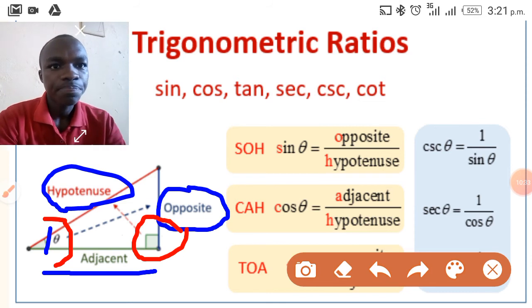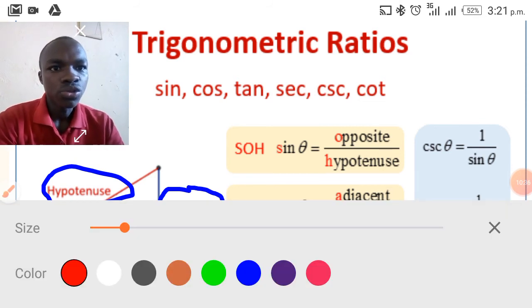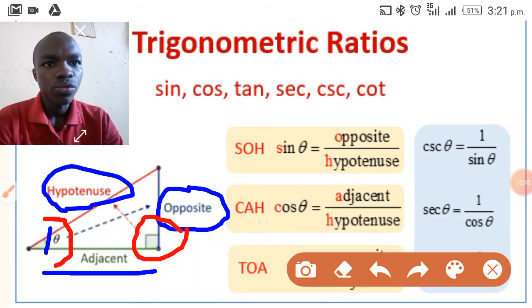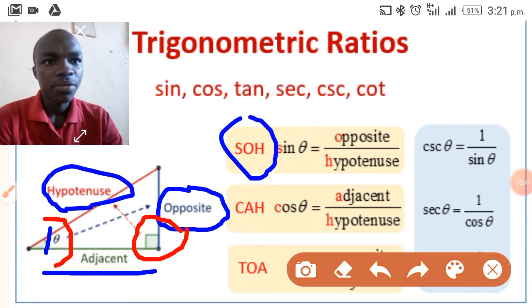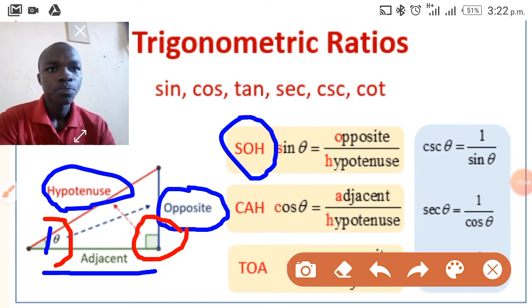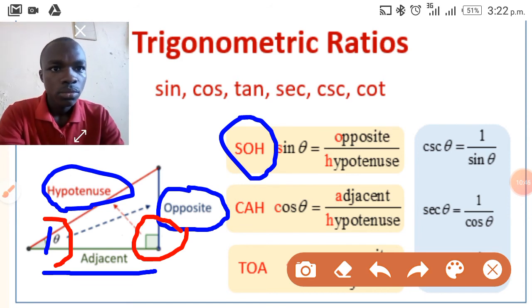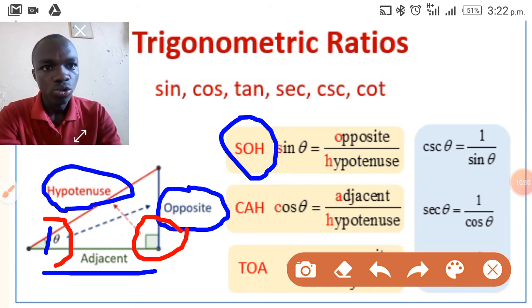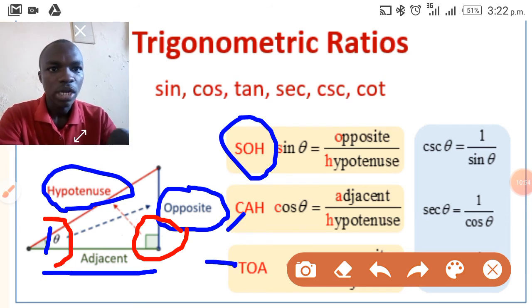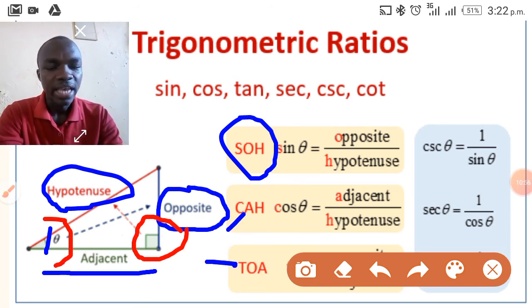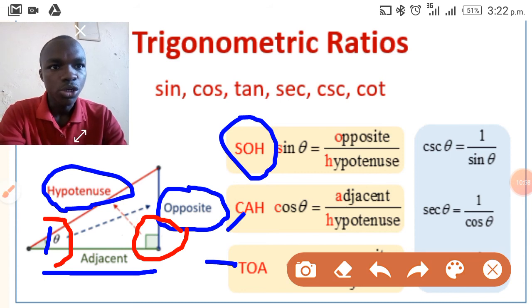They have an acronym, they call it SOH CAH TOA. In SOH, S means sine, O is opposite, H is hypotenuse.